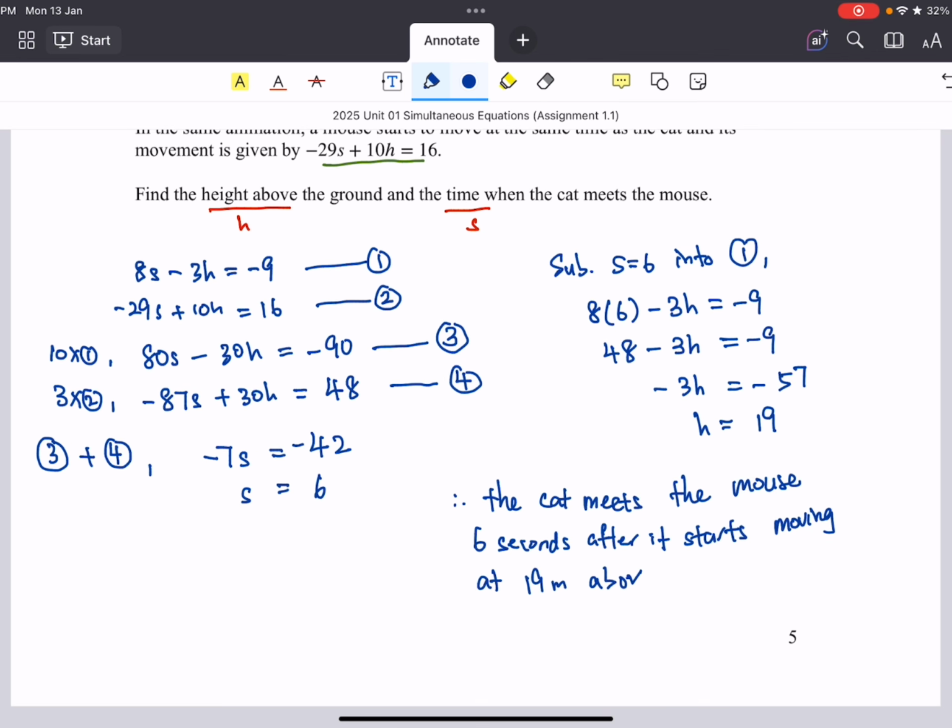Oops, what happened to my Apple Pencil? It's not appearing. Okay, above the ground. Since it's a word problem, let's answer with a proper statement.